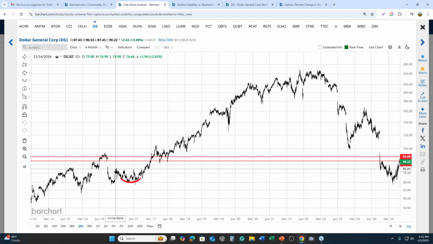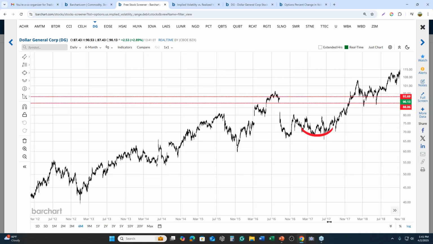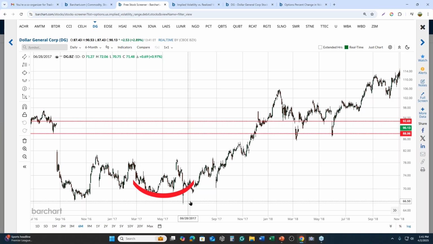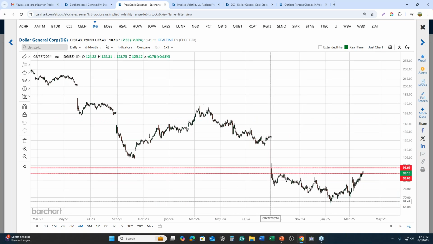Well, it moved violently to the downside, quickly to the downside. In other words, greater volatility. So this, I believe, would be a good candidate for buying volatility because I don't know which way the price of this stock is going to go. But I have a sense that no matter which way it goes, it's going to go very fast and it's going to create a lot of volatility.